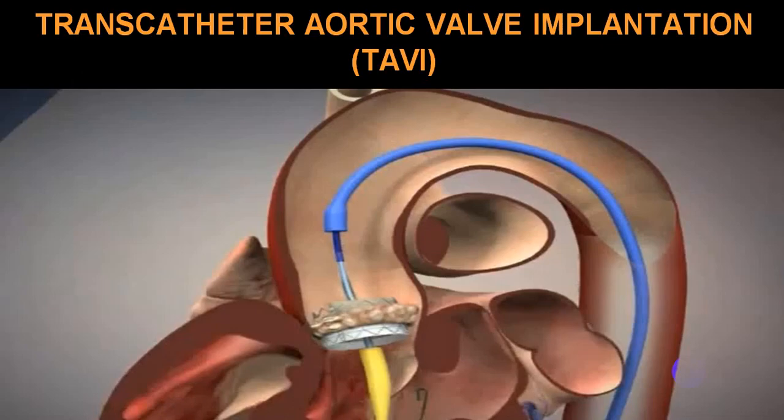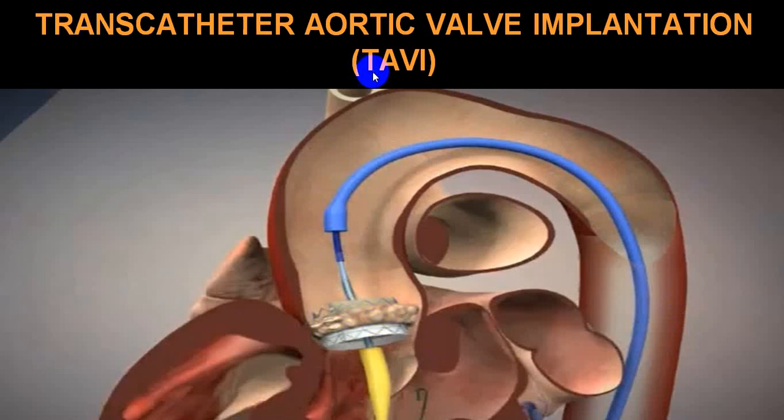This is one of the slides which we have shown you, that now there is a procedure we call transcatheter. By use of a catheter, you are replacing a valve. So the aortic valve is replaced, and we call it implantation. So it is a transcatheter aortic valve implantation, and you remove the catheter, the valvular structure will stay there.